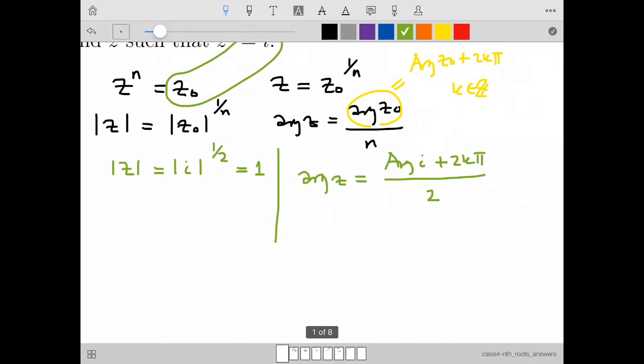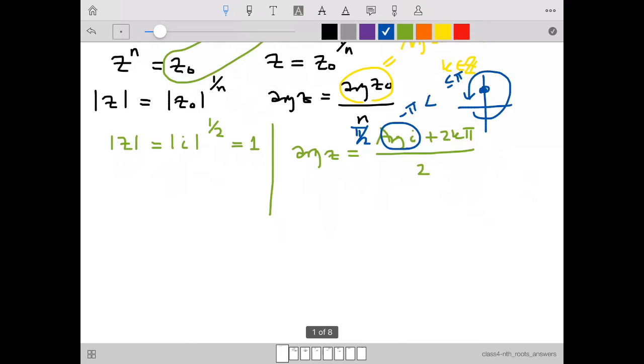And what's the principal argument of i? Well, i is here, and I need the angle bigger than minus pi, less than or equal to pi. So for i, this is pi over 2. Principal argument of i is pi over 2. So that over 2 will be pi over 4 plus k pi, k in Z.